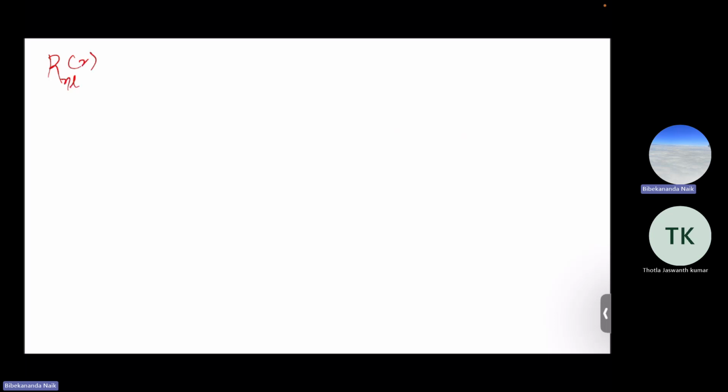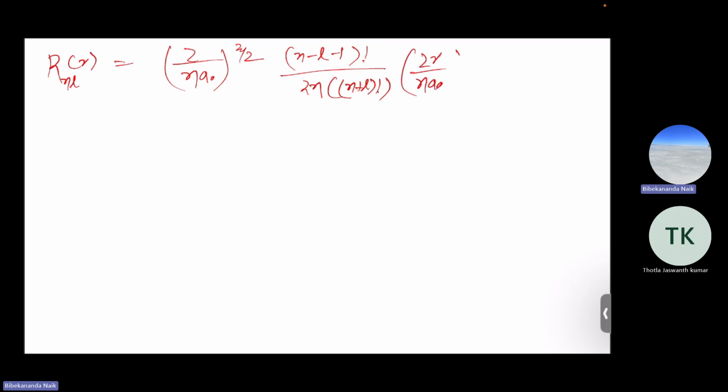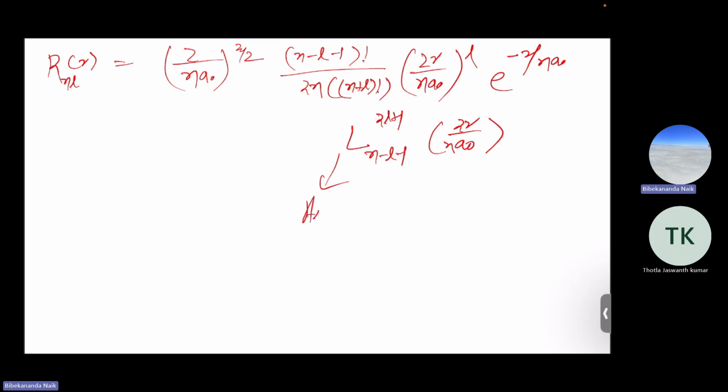RNL, which is a function of r only, is (2 by n a0) to the power 3 by 2, then (n minus l minus 1)! divided by 2n times (n plus l)!, then (2r by n a0) to the power l, e to the power minus r by n a0, then L_{n-l-1}^{2l+1}(2r by n a0), where this L is the associated Laguerre polynomial.